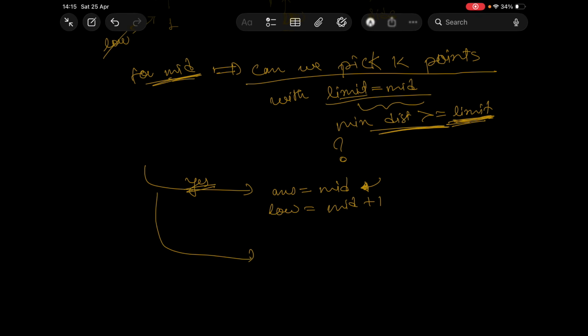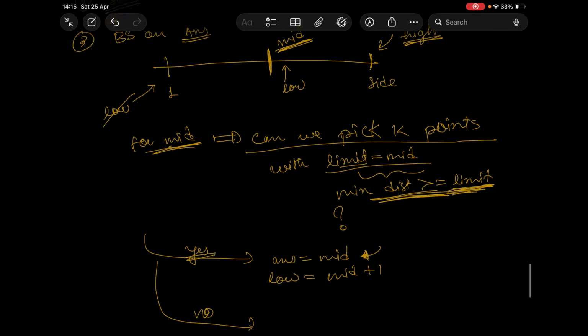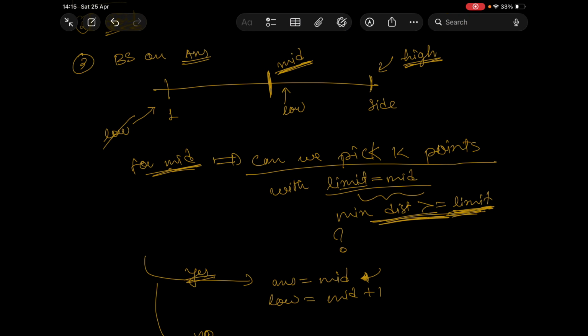If not possible, because this condition, minimum distance greater than or equal to limit, was not met while picking k points, then we need to try a smaller limit, as in smaller distance, as our maximum answer. So in that case, we can move high to mid minus 1.